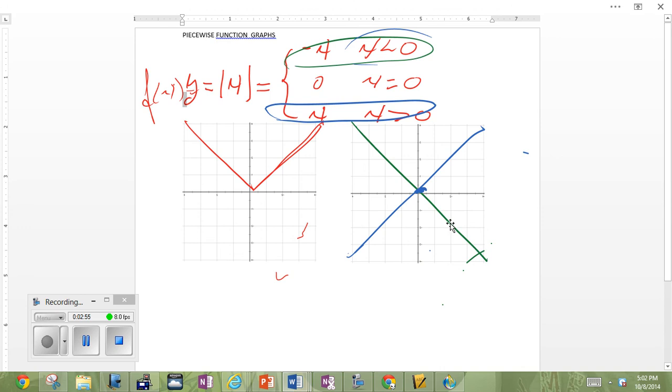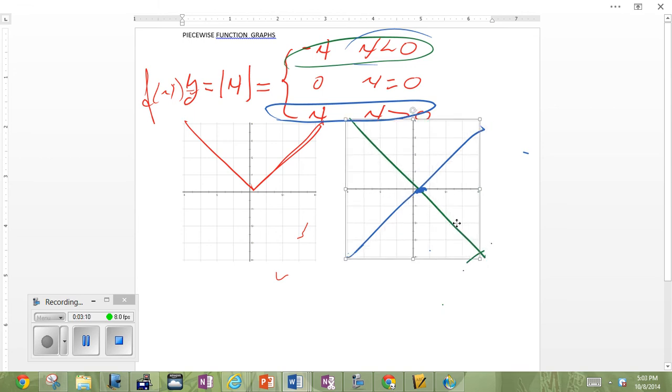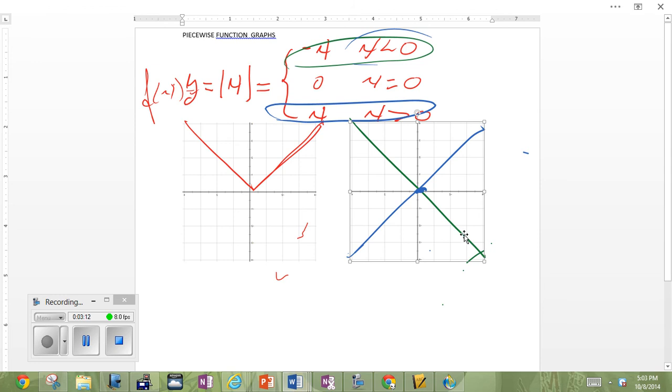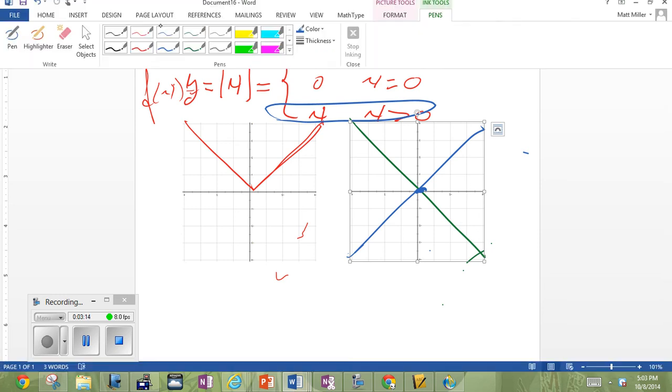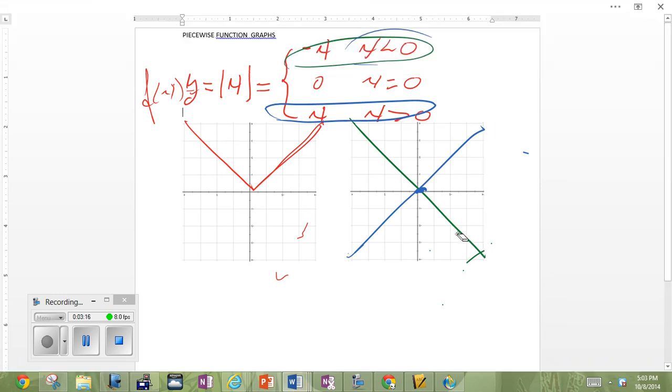I want to erase just this portion of it. So what I have to do is find a way to erase that, and I'm not finding a way, but if it was paper and pencil, it would be fine.